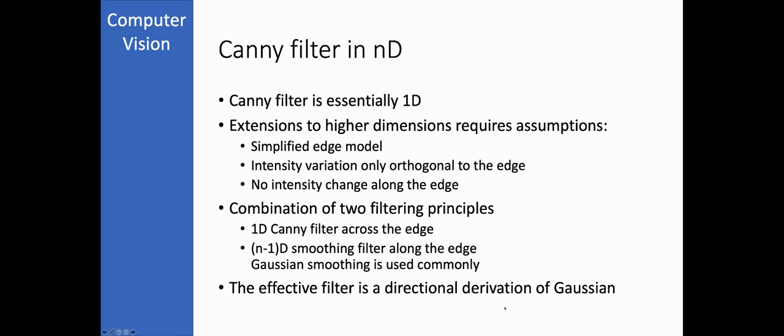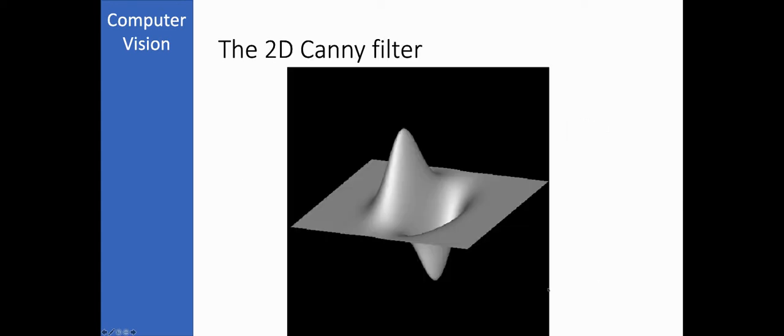The effective filter is really a directional derivative of a Gaussian operator. For example, it's given like this. In this case, I have the Gaussian and I take the derivative of the Gaussian in this direction. Notice that this profile looks like the optimal matched filter that we saw before, while this profile is simply Gaussian smoothing the image. So we will use such filters when implementing Canny in higher dimensions.